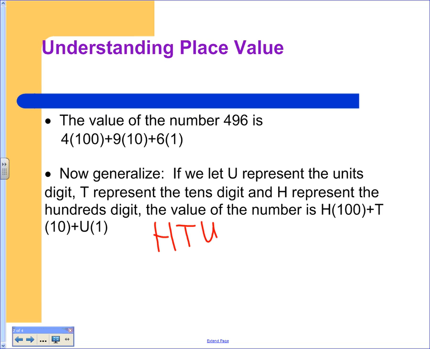You don't want to have an O in your equation. That's why we're using U for units instead of an O for a 1, so that we don't have a 0. Alright, so we're going to use hundreds, tens, and units.